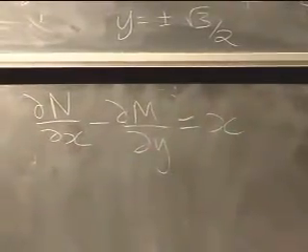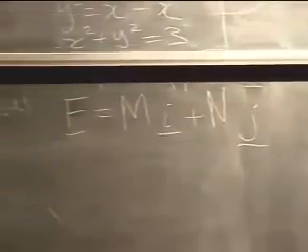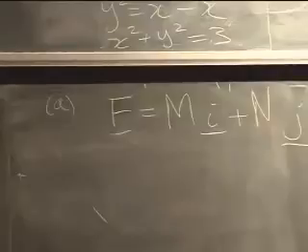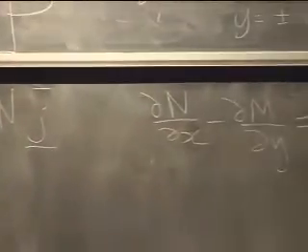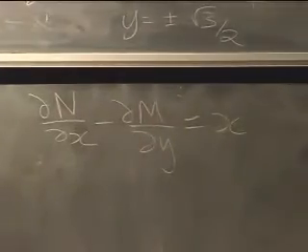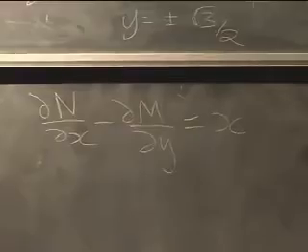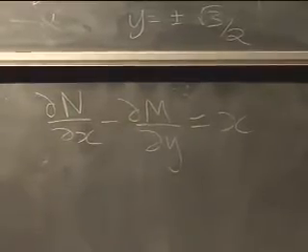Okay, that's part A. This is a very odd question. The question is, find a vector field in the plane of the form M i plus N j, not New Jersey, such that dN/dx minus dM/dy equals x. It just says find an example.